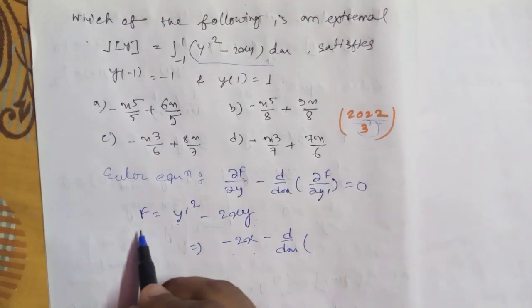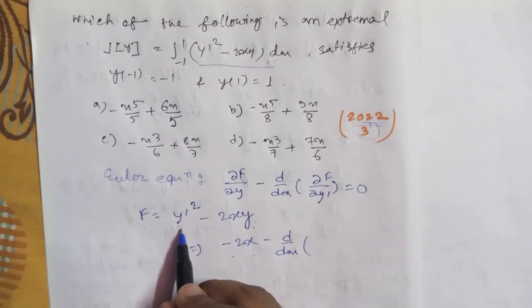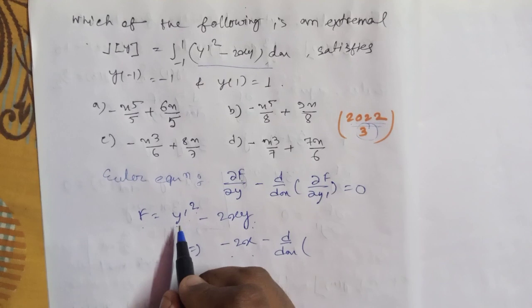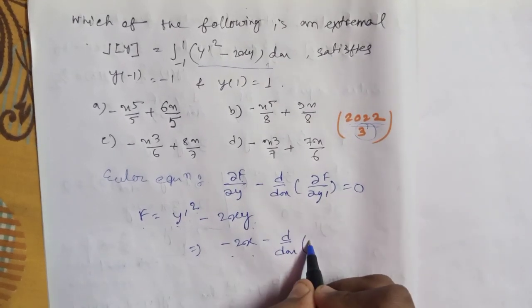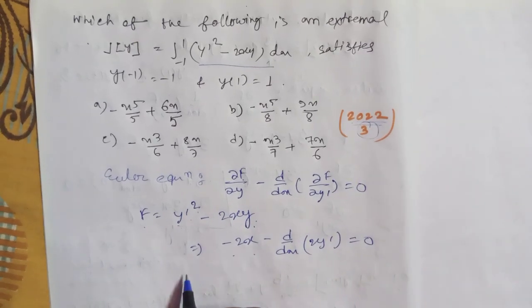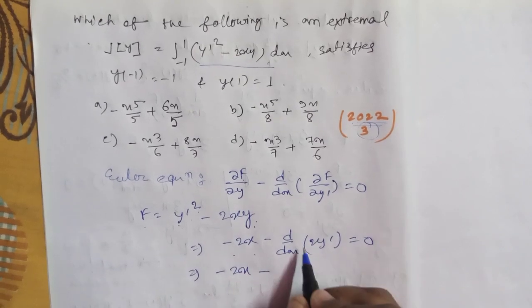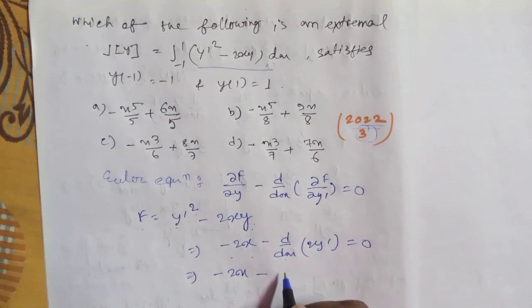Now see here in f there is a part of y dash square. So the partial derivative with respect to y dash equals 2y dash. So after calculating, what will we get? We will get minus 2x minus, now the d/dx of 2y dash. What is the meaning of that?